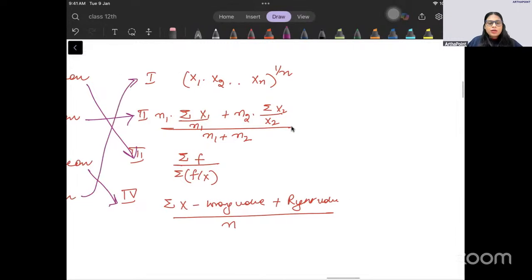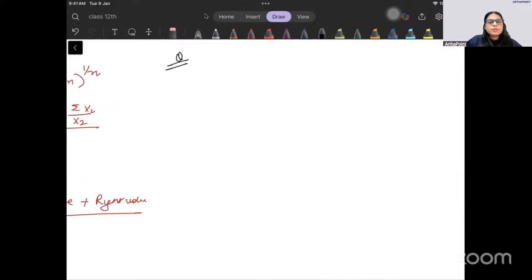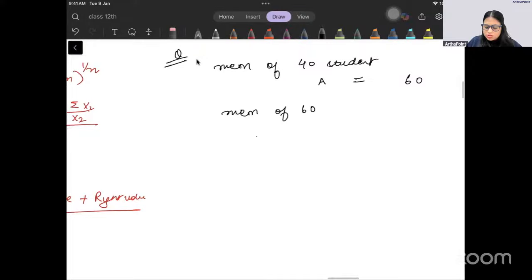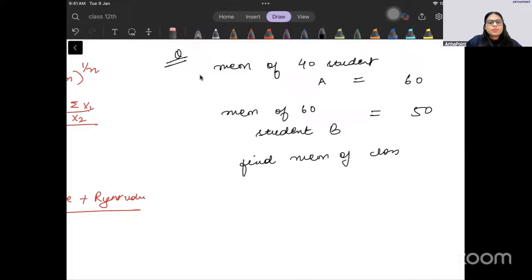ठीक है. Now, suppose if I tell you that the mean of 40 students of section A marks is 60 and the mean of 60 students of section B is 50, find the mean of the class as a whole. ठीक है, I'll do a question on wrong value, don't worry.